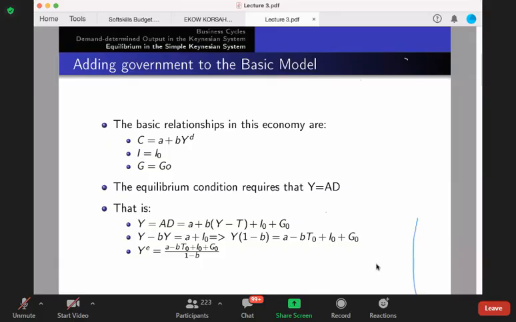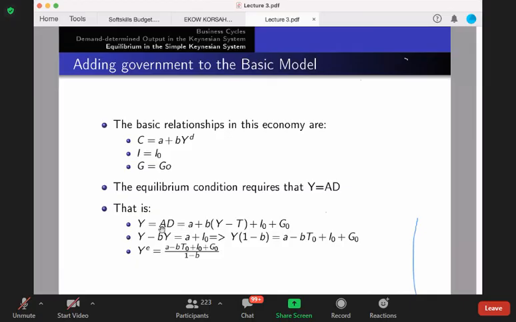Then we are assuming investment to be exogenously determined, and G naught to also be exogenously determined. The equilibrium condition requires that we equate AD to Y.